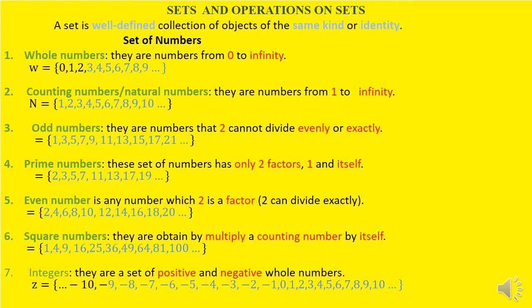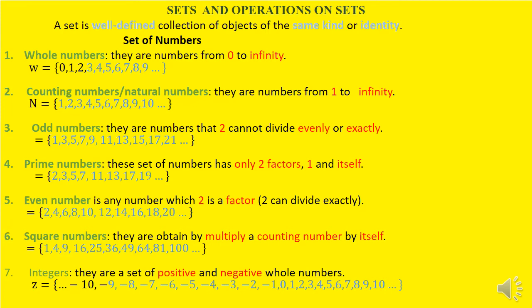We also have prime numbers. This set of numbers has only 2 factors, and their factors are 1 and the number itself. So we have examples below, which are 2, 3, 5, 7, 11, 13, 17, 19, up to infinity.